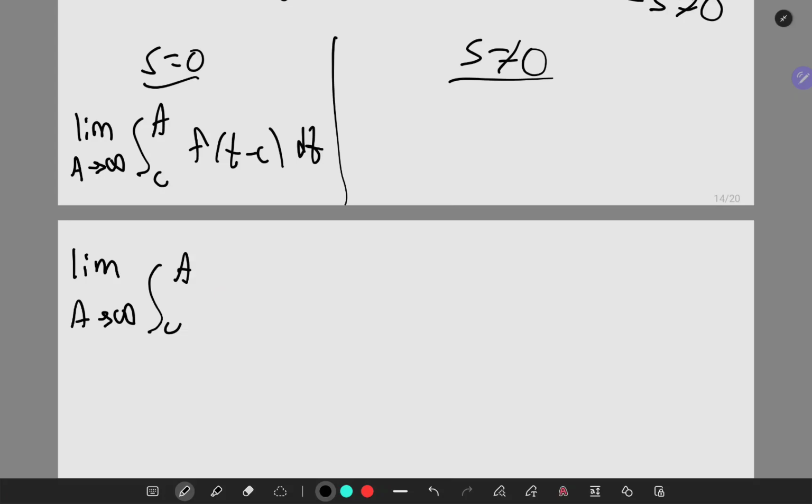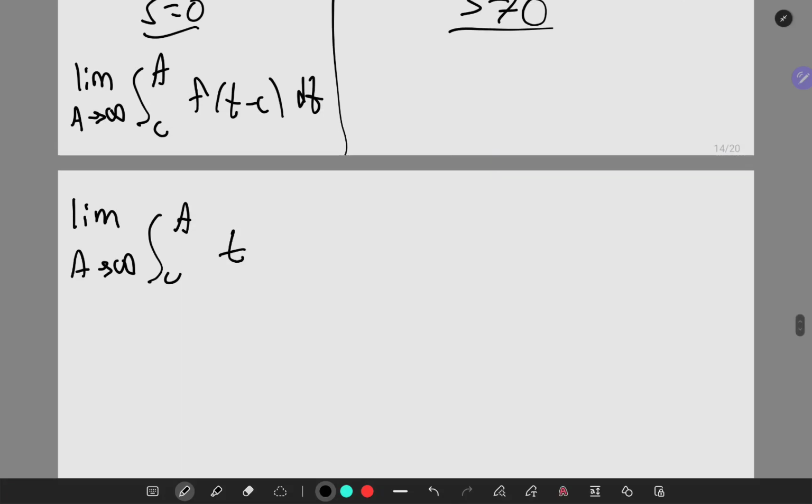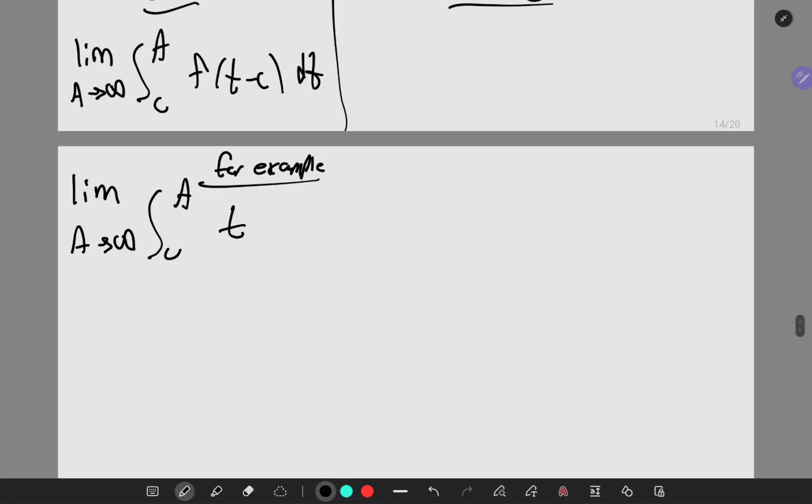But anyways, if this was any kind of function, say it was just t, whenever you take the integral of this, let's say for example, it could diverge, right?